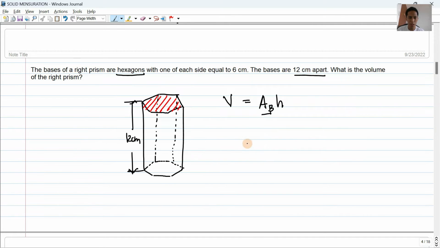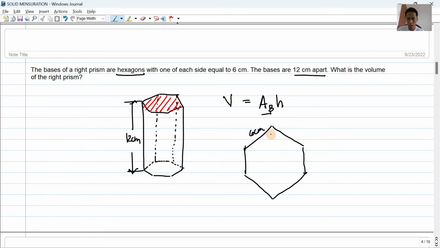Okay? So, etong base lang yung compute natin muna for us to solve for the volume. Okay, solve natin yung ating area ng base. Okay, drawing lang natin guys. Okay, so apologies for my sobrang gandang handwriting. Ayan. So, para siyang piatos, no? So, ganyan yung figure niya. So, hexagon six-sided. So, imagine niyo na lang guys that this figure here is equal yung mga sides niya. So, this is 6 centimeters and it's also 6 centimeters all of these sides.